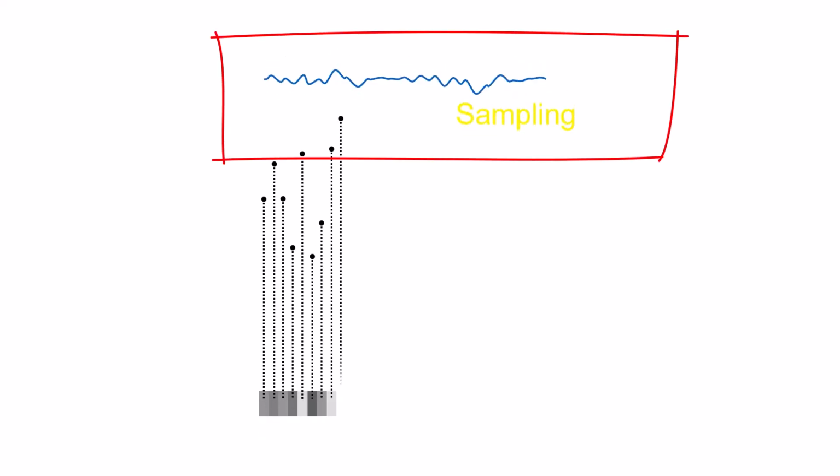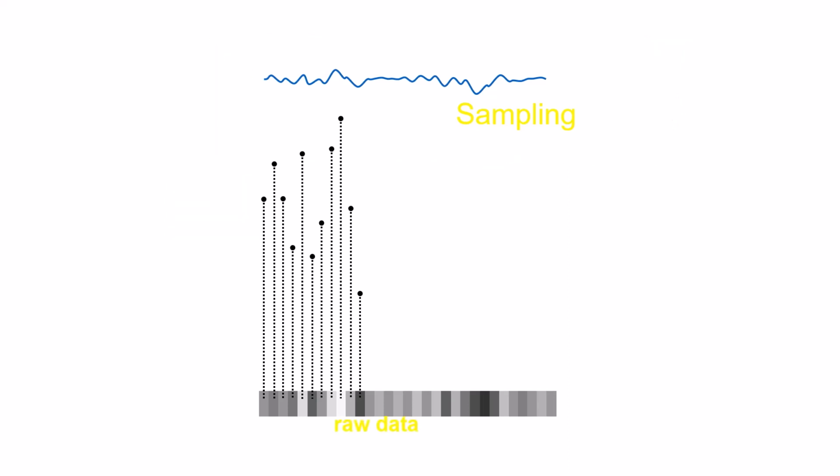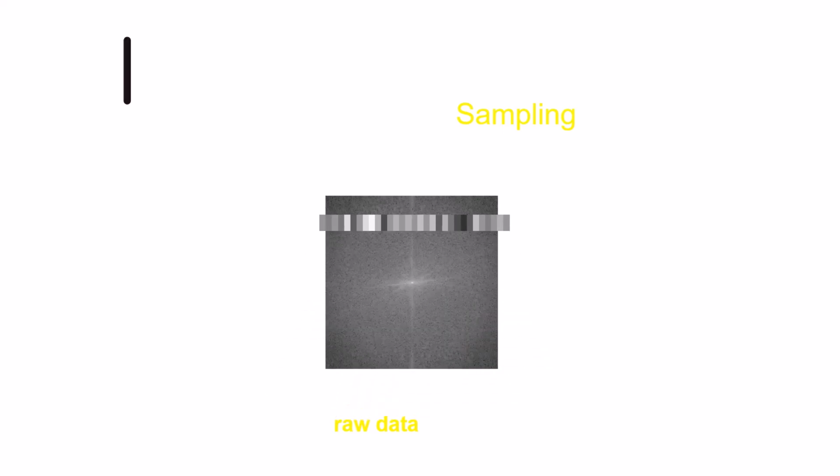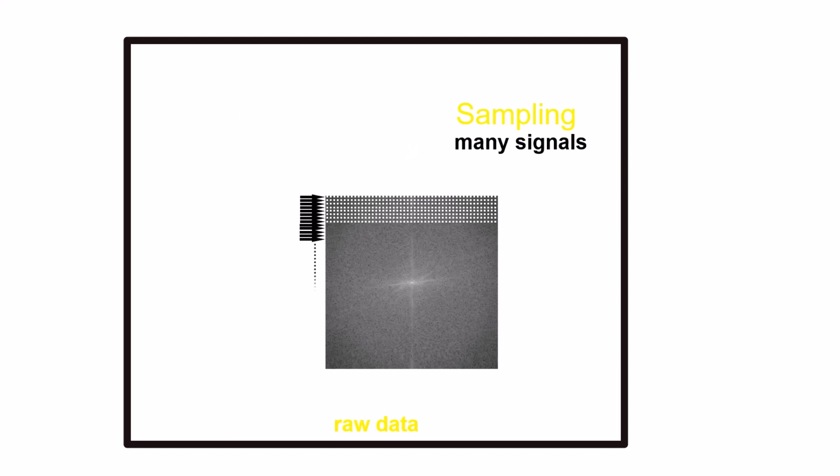Let's go back and see how we do analog to digital conversions once more. The energy interacts with the body, and we sample the energy to change it from continuous into digits, and that gives us the raw data that we can map. The sampling of the signals is stored. We utilize this stored data to create the images.